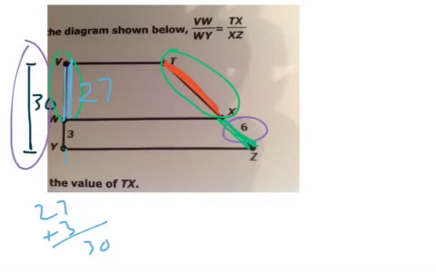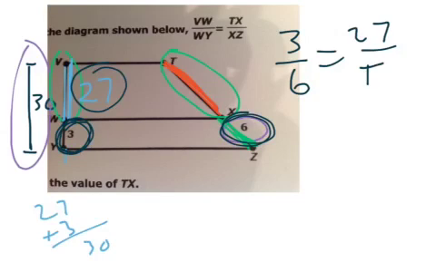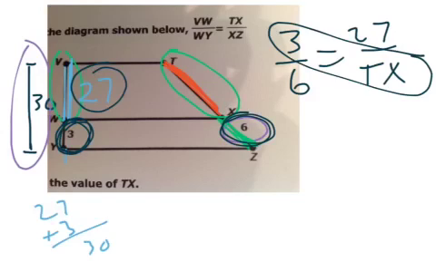Okay, so we're almost there. Does everybody agree? The 3 matches the 6. Think about it. The left side right there, I can match it up with the right side right there. And the 27 up there matches the Tx side. Hey, I can solve this just like the previous problems. Okay, cross multiplying here.